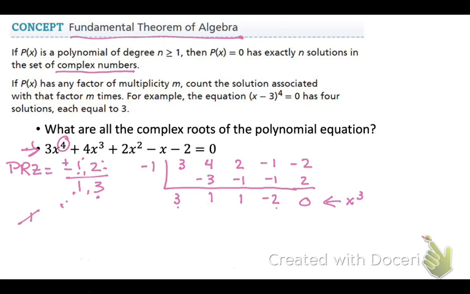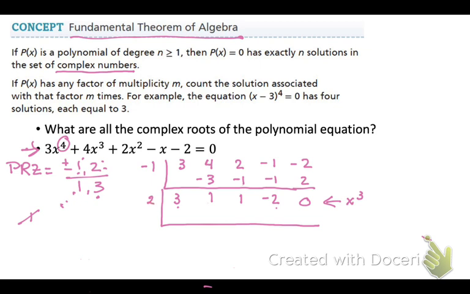What do you want to try? Dylan, what do you want to try? 1 or -1, -2, or 2? 2? Okay.